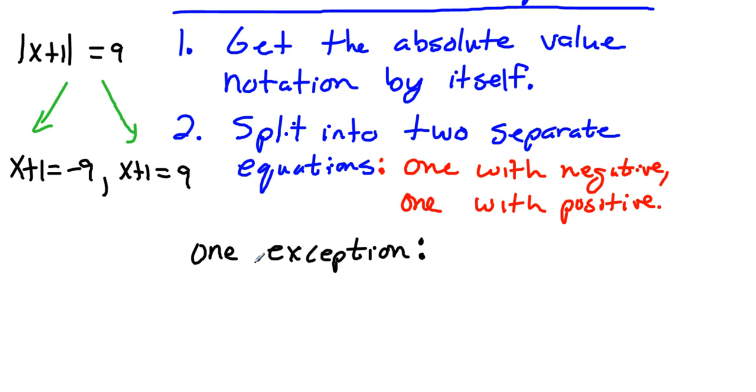The one exception where you won't do this is if you have absolute value of x, whatever this thing is, it doesn't matter what it is. You've got the absolute value by itself, and it's equal to a negative number.